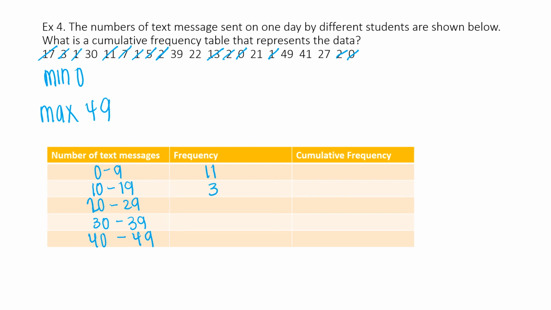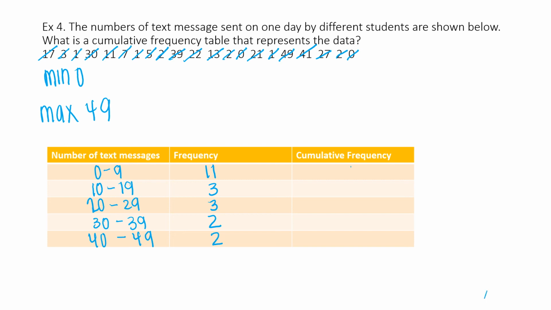How many do we have between 20 to 29? 1, 2, 3. That would be another 3. How many do we have between 30 to 39? 1, 2. So that would be 2. How many do we have between the last? We have 2.